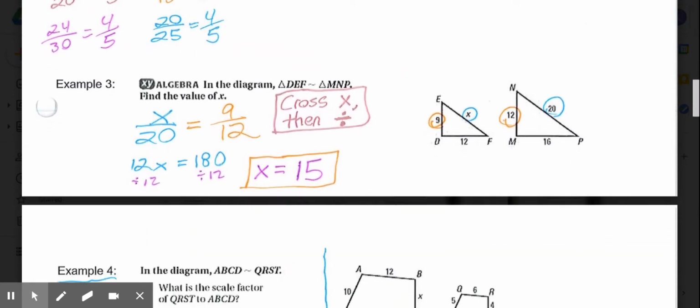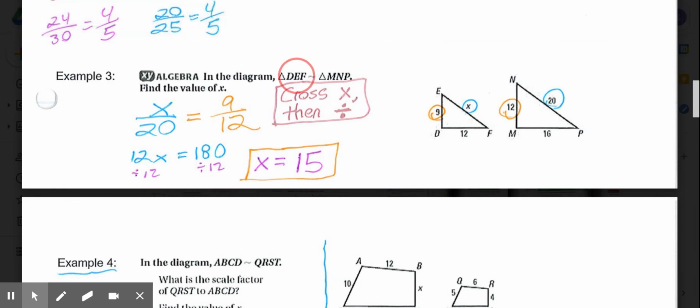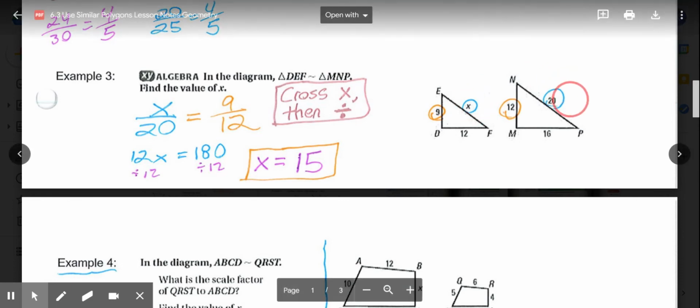So looking at example 3 here, it says in the diagram, triangle DEF is congruent to MNP. Find the value of X. And this is why we did the refresher on proportions. Similar shapes are proportional. So if we know it's similar, we can set up a proportion. X goes with 20.